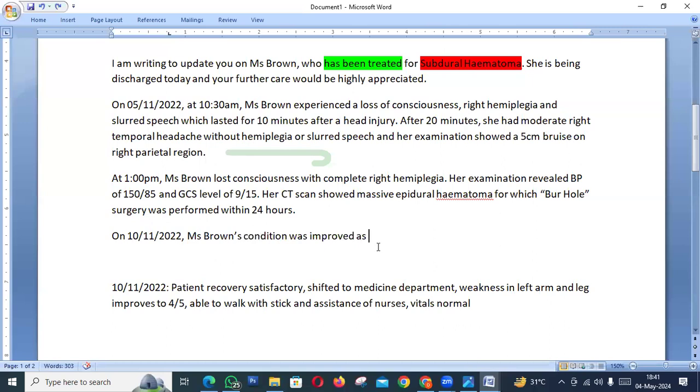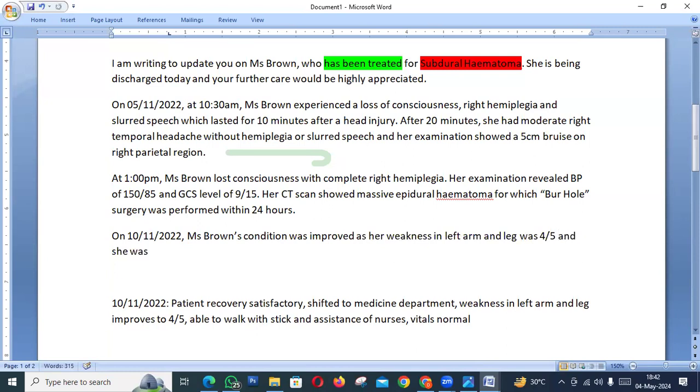Miss Brown's condition was improved as her weakness in left arm and leg was 4/5, and she was able to walk with a stick. Okay, just with a stick or help with the nurses, you can mention these things.